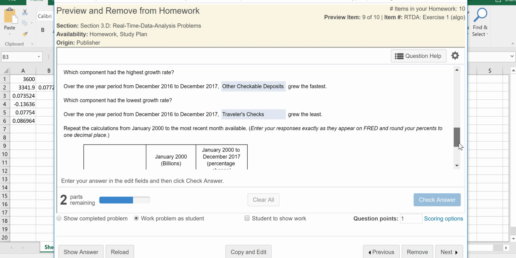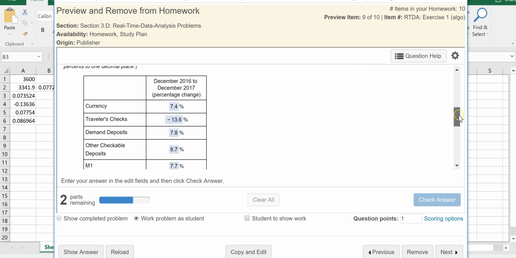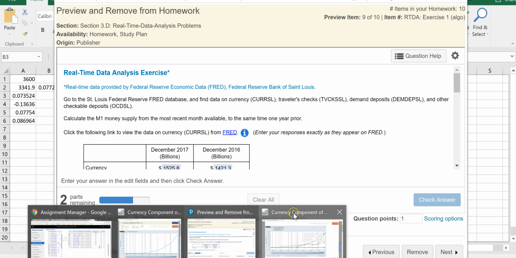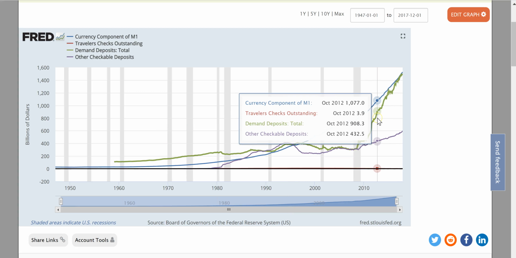So I hope that using this example, I further showed you how to do some real-time data analysis questions, like how to add lines to the same chart, so you can have multiple time series displaying different variables over time.